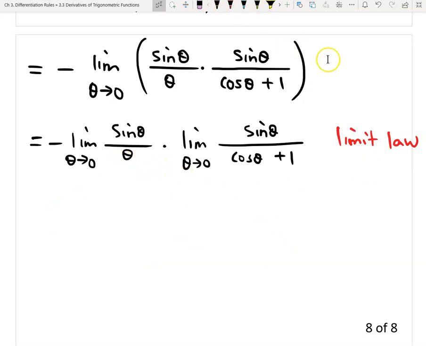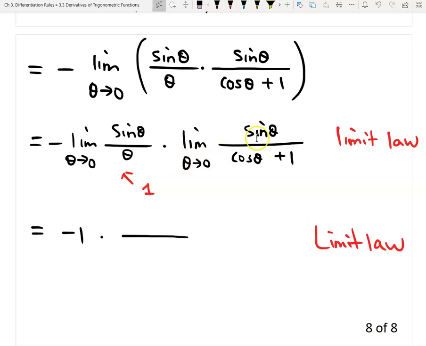The first part is 1. So here is 1. The second part, of course, we can use the limit law again. So the first part is 1, which means it is negative 1. The second part, we use the limit law, the quotient law, right?